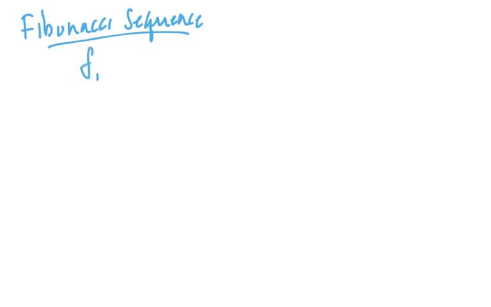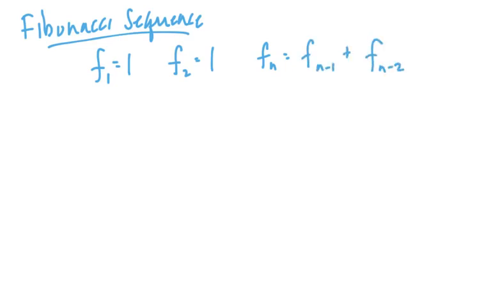It's defined as f sub 1 equals 1, and f sub 2 equals 1, and f sub n equals f sub n minus 1 plus f sub n minus 2. So this is a recurring sequence where n is greater than or equal to 3.